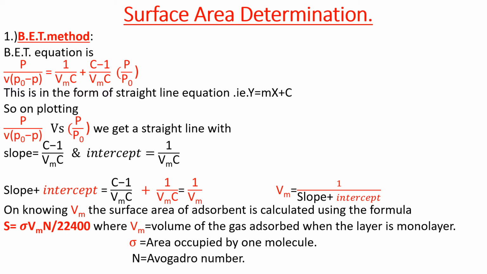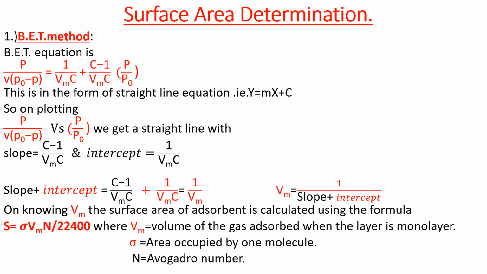The left hand side is y, P by P0 is x, (C minus 1) divided by VmC is the slope m, and 1 by VmC is the intercept. So on plotting P by V(P0 minus P) versus P by P0, we get a straight line with a slope and an intercept.